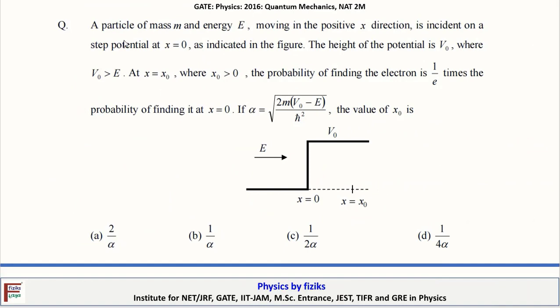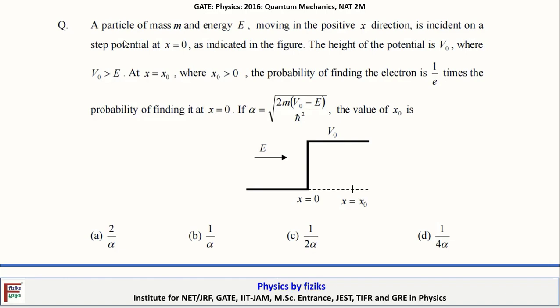A particle of mass m, energy E, is moving in the positive x direction and is incident on a step potential at x equals 0, as indicated in the figure. The height of the potential is V0, where V0 is greater than the energy of the particle.